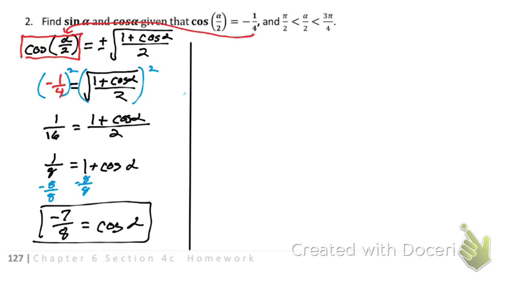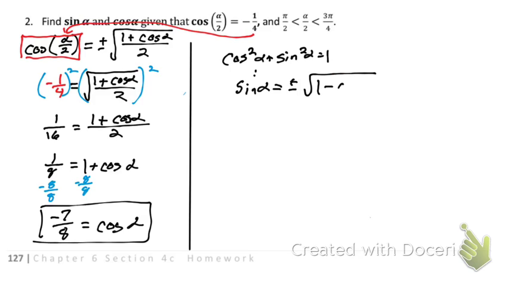Well, that we've done a billion times. We're just going to use the fact that, once again, cosine squared alpha plus sine squared alpha equals 1. So if I'm looking for sine, I can just rewrite that as sine alpha equals plus or minus the square root of 1 minus cosine squared alpha, which will equal plus or minus the square root of 1 minus negative 7 over 8 squared.